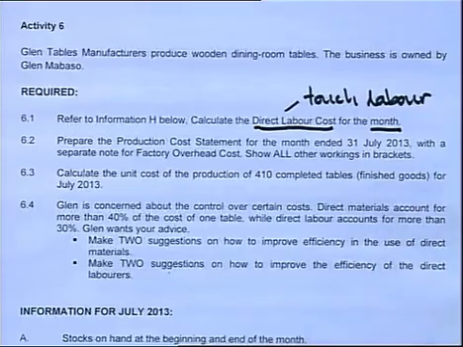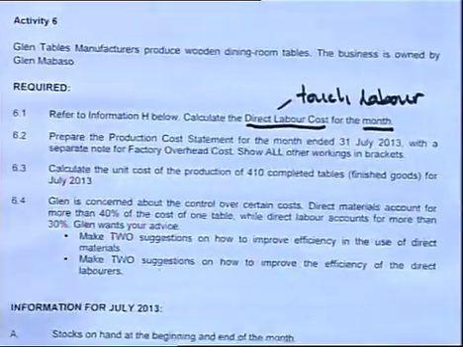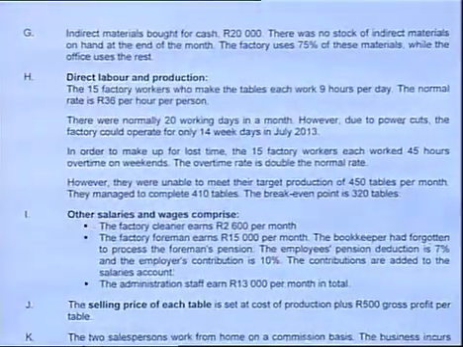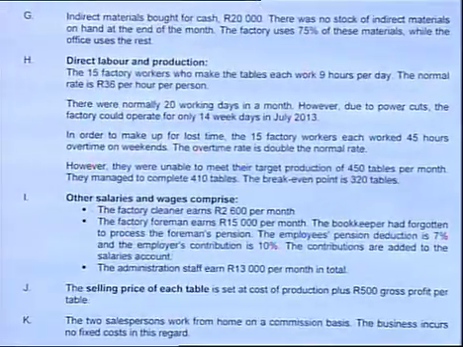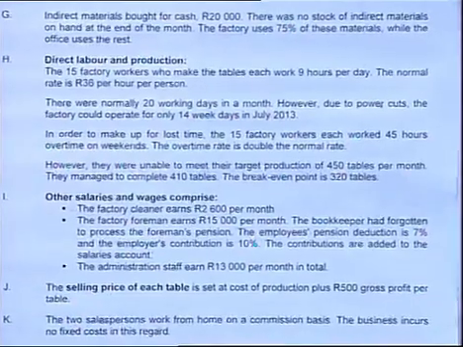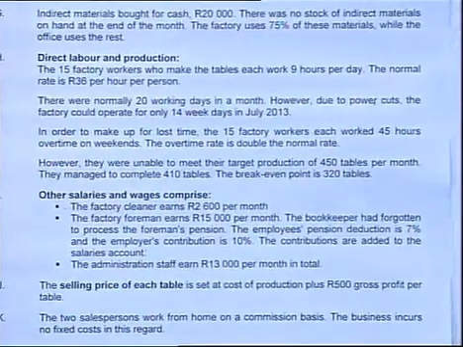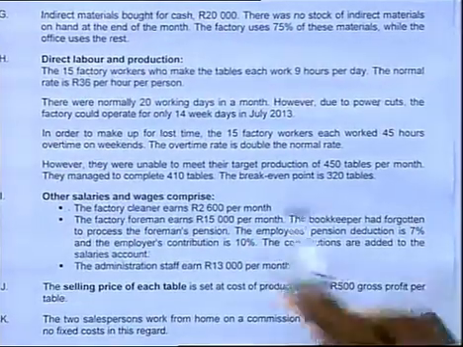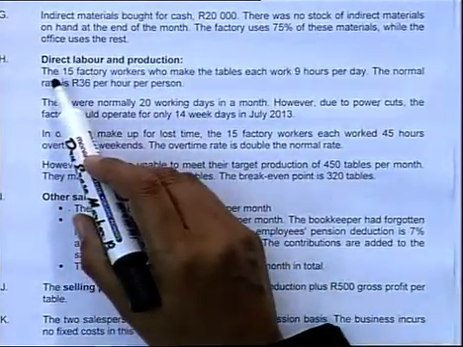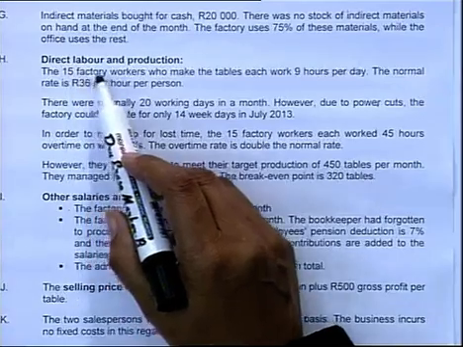So let's go to number H, and that is found on page 14. Let's go to number H. That's found on page 14. There we go. H, it's direct labor and production. Okay, so now we're going to read the 15 factory workers.